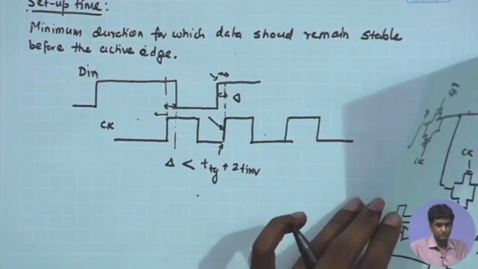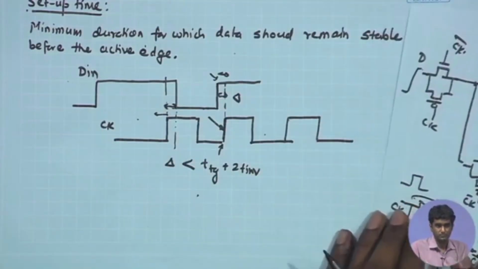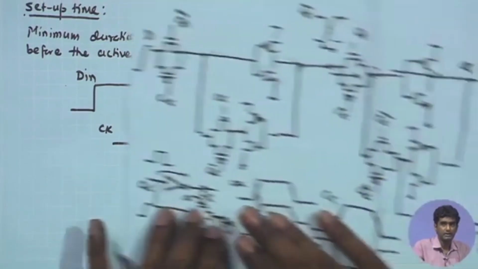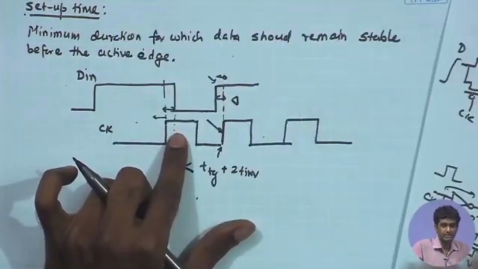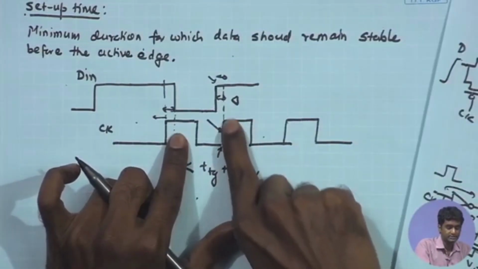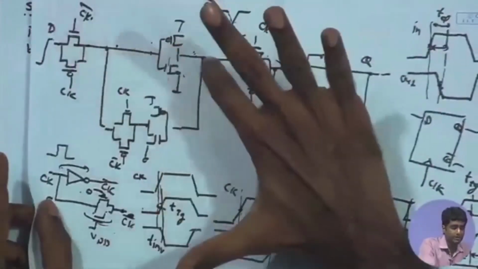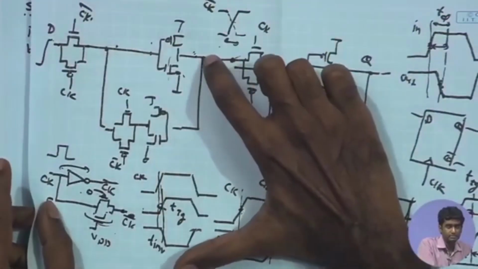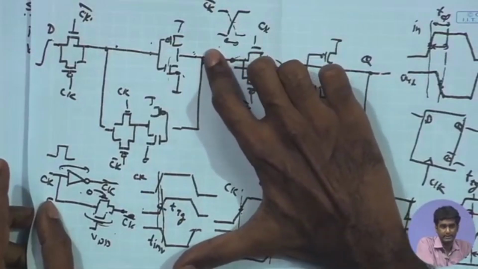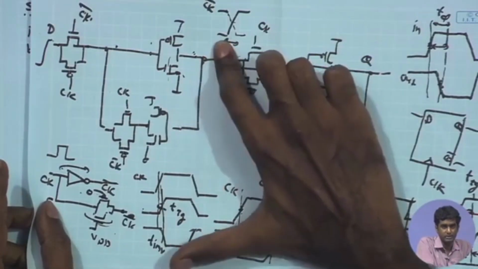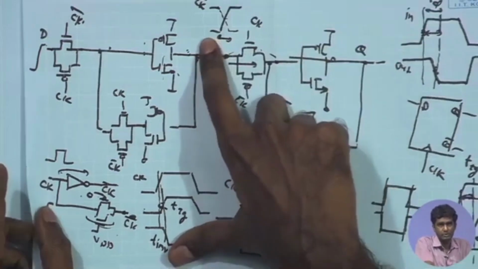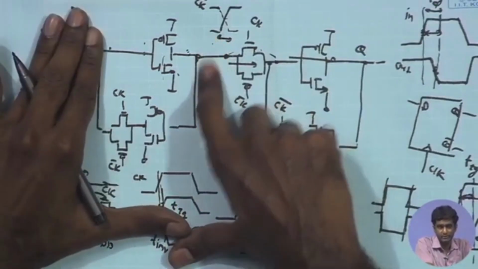So, the clock phase overlap is the main reason for this wrong latching? No, the data transitioning is the major reason for setup time violation. So, the data is transitioning just before the positive edge of the clock, and data has not been able to propagate till this point, then this is not settled to the right value, it is somewhere at an intermediate value, and therefore, you are not sure that once this gets off, what is the value going to be here.